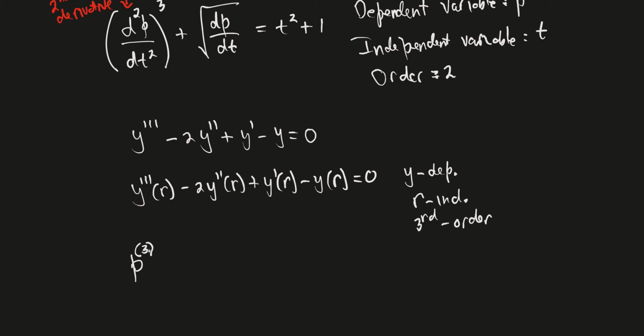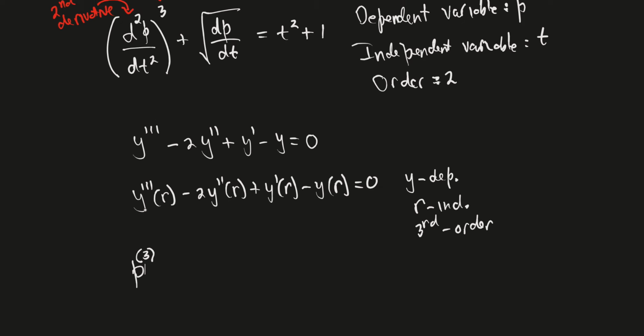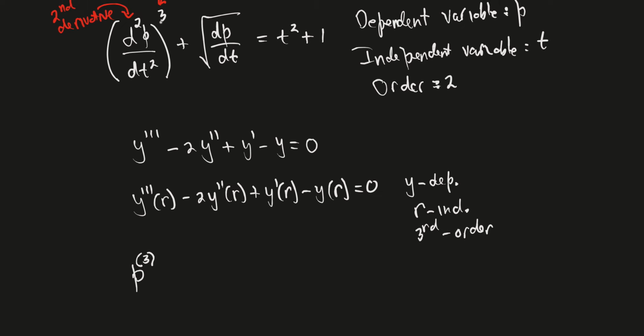And that 3 is interpreted differently than this 3. This 3 in the parentheses now indicates that it's a third derivative. And let's say it's like this.